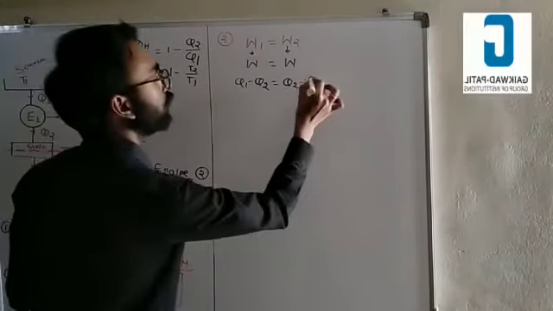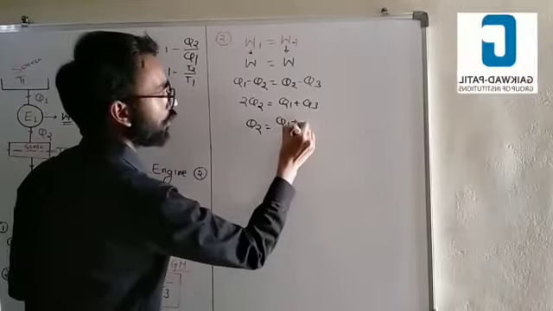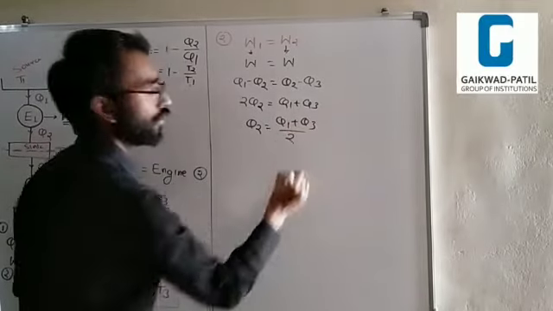Now you can simplify this term. 2Q2 is equal to Q1 plus Q3. Right? This one is given on this side and this one on this side. Now Q2 is equal to Q1 plus Q3 over 2.